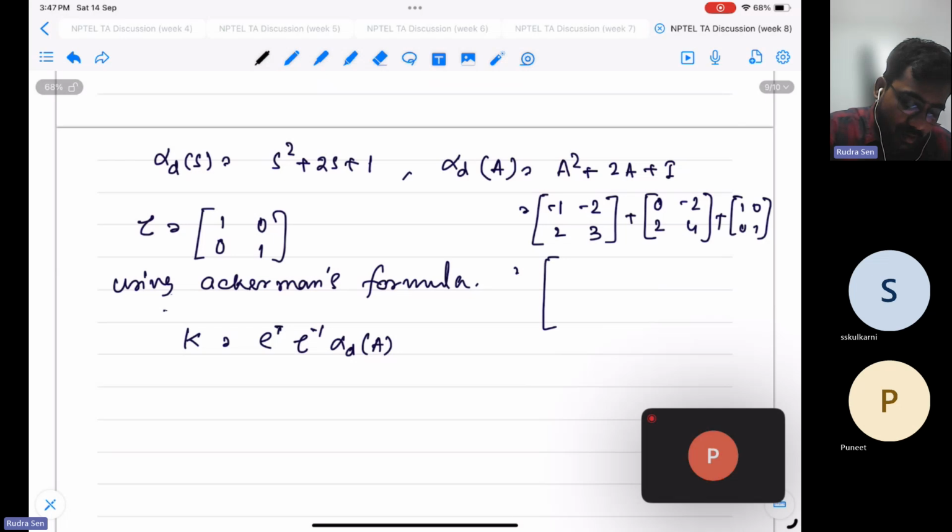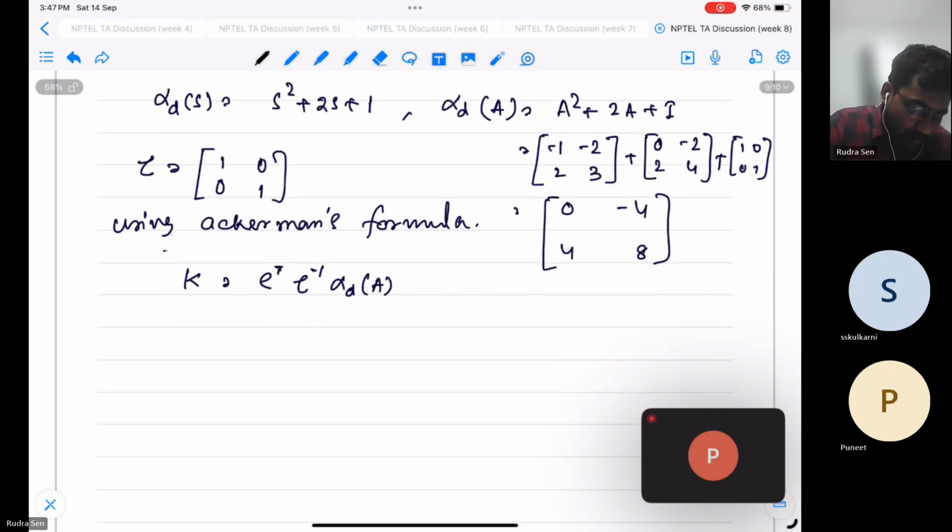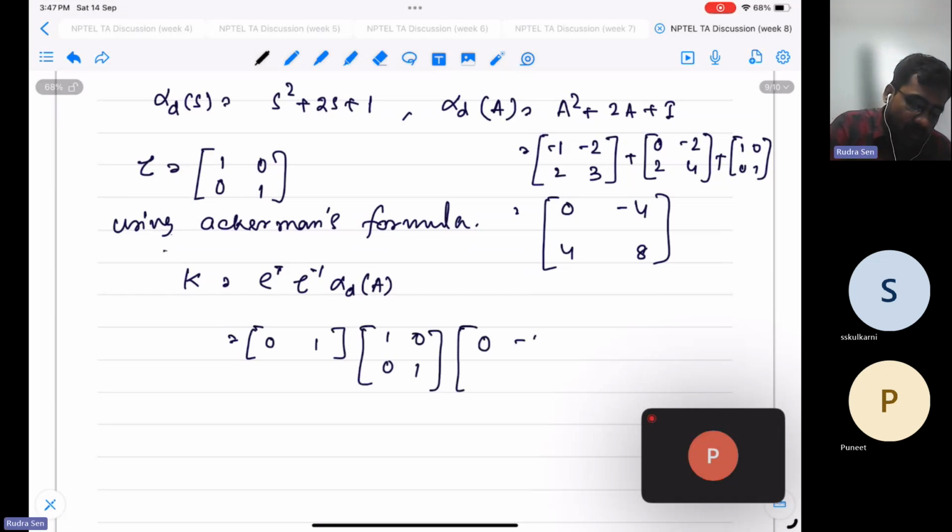What would it be? This is 2 plus 2 is 4 and this is 3 plus 4 is 7 plus 8. Right?